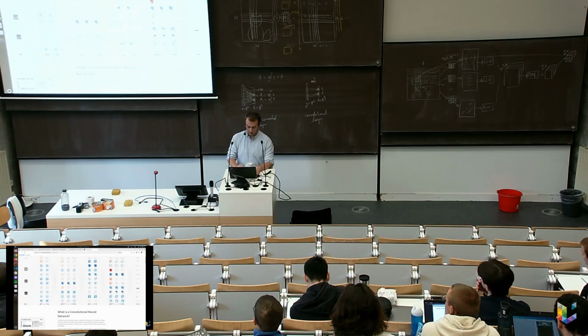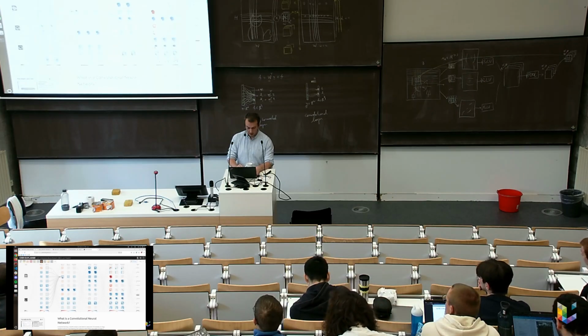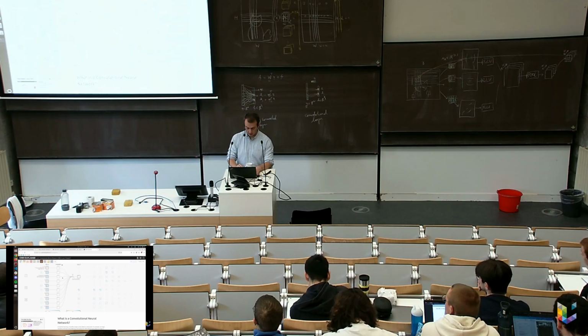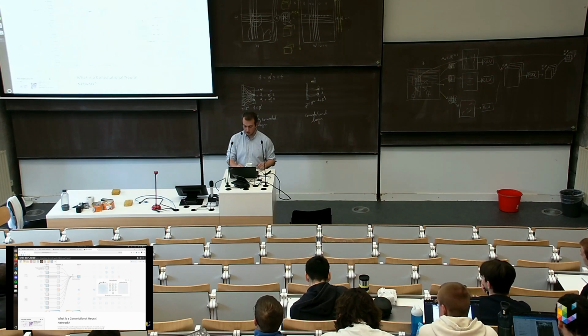Then let's take the second convolutional layer. Now it's a bit different because this convolutional layer works at the level of the previous output tensor, which is now a tensor in which we don't have 3 channels anymore, but 10, because we had 10 kernels in the first convolutional layer. But it's the same story, except that now we have more channels in the kernels and we have more channels in the input.